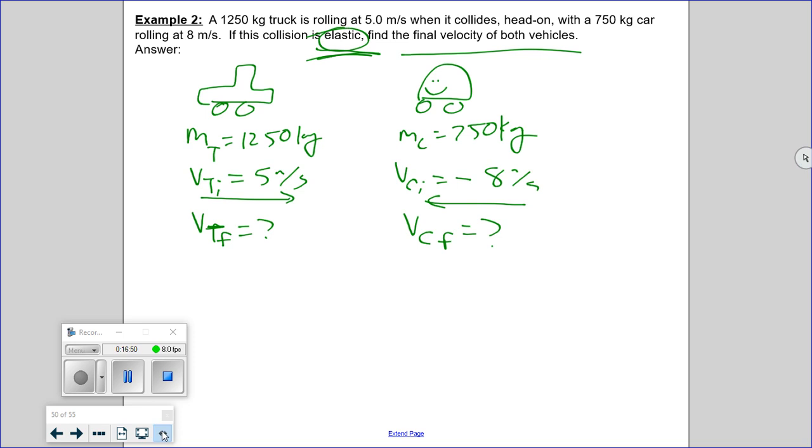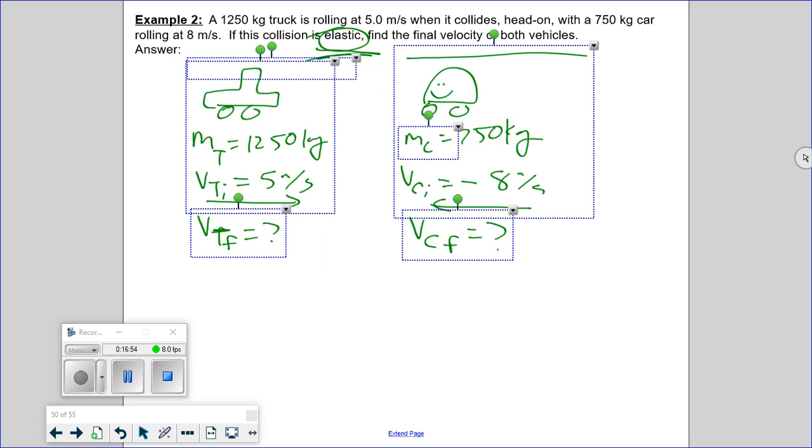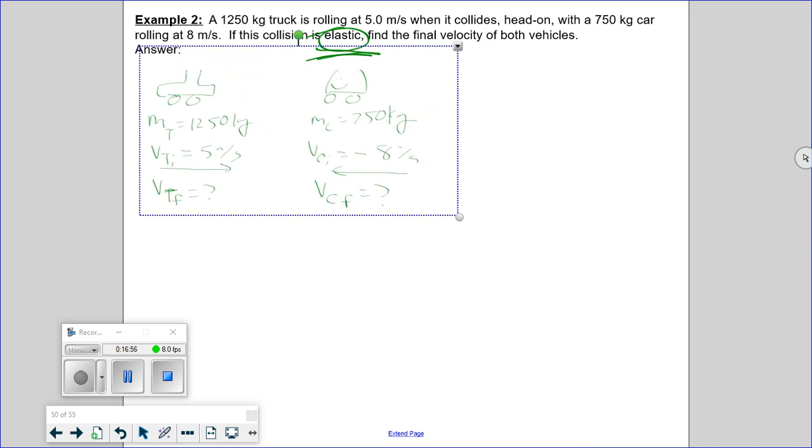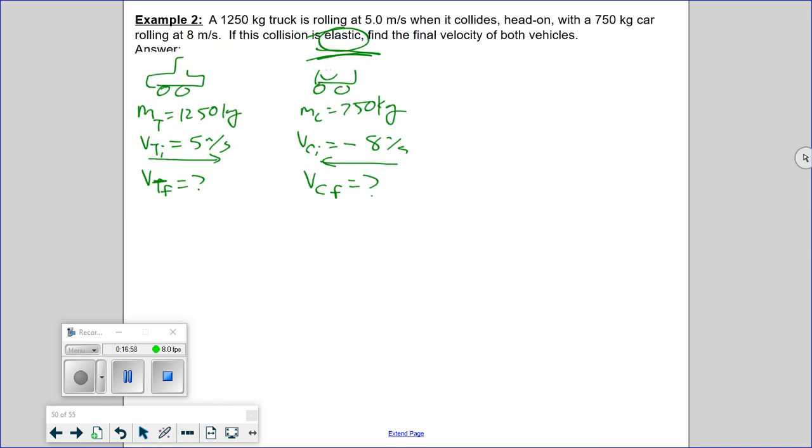Let's see how this works. First of all, let's buy ourselves a little bit of space here on the board. What do we know? It is elastic. So the velocity of the truck initial plus the velocity of the truck final is equal to the velocity of the car initial plus the velocity of the car final.